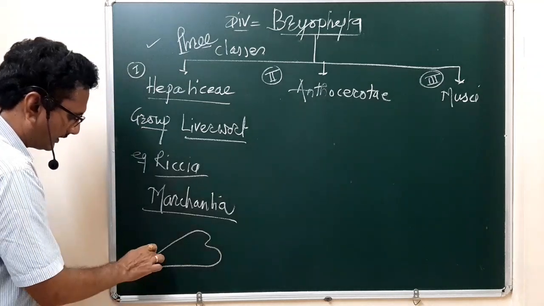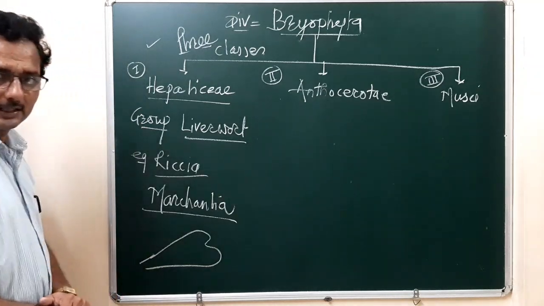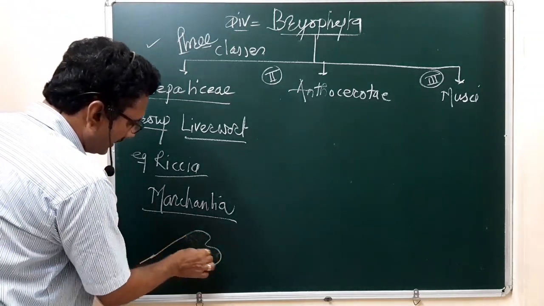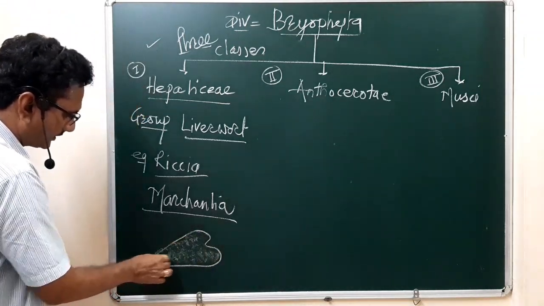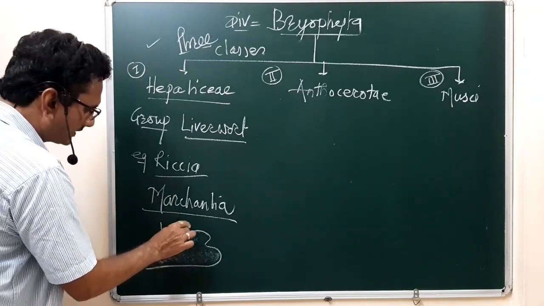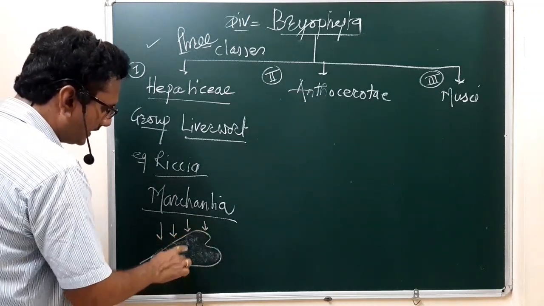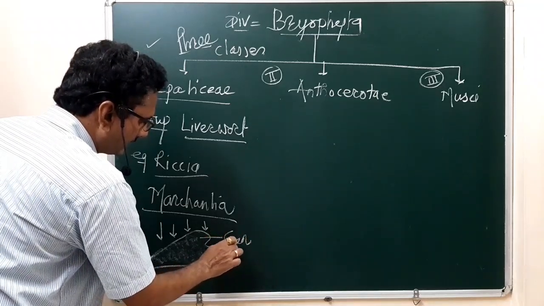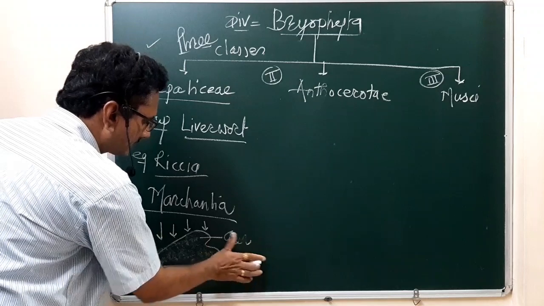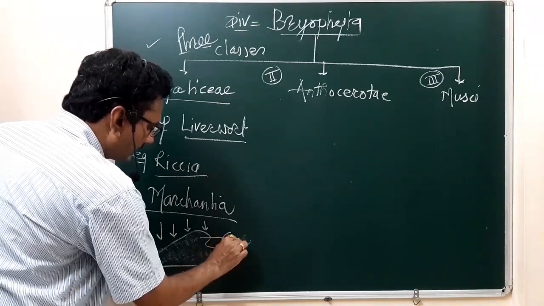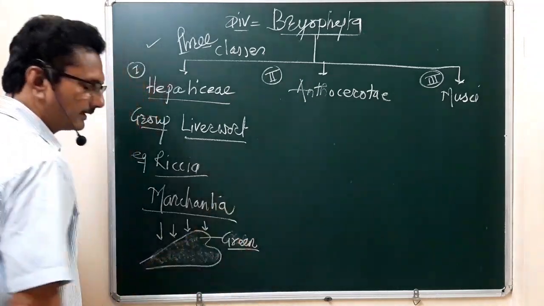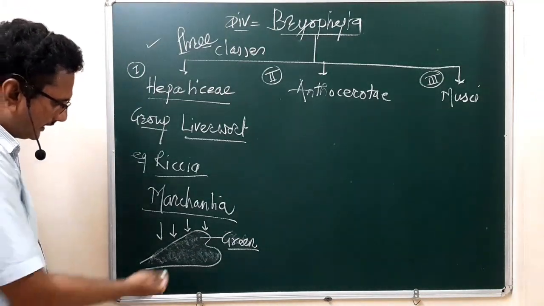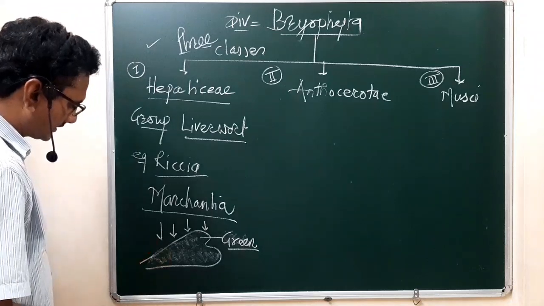The dorsal side of this thallus or plant body, the side which faces toward the sunlight, is totally green in color, in the sense that it is photosynthetic. They take part in the process of photosynthesis.